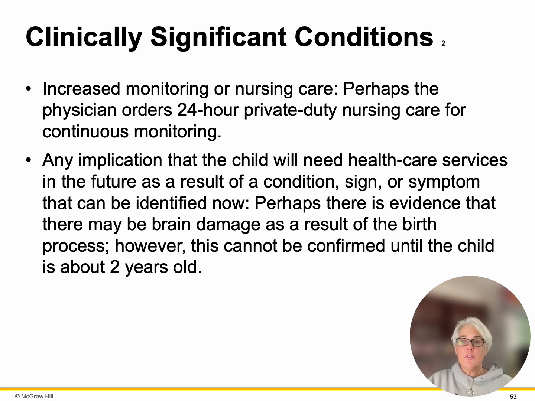If a condition requires increased monitoring or nursing care, like continuous observation in a special care unit or NICU, I treat it as significant. We need to as coders. If the provider notes that the baby will need follow-up or ongoing care because of the issue, I also code it. My goal is to avoid overcoding a minor self-limited finding that had no impact on the care, while still capturing anything that changed how the care team managed the baby.